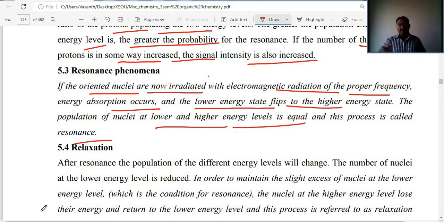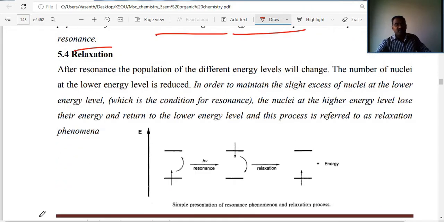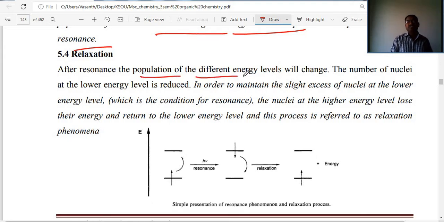Next, relaxation. Relaxation means that after resonance, the populations of the different energy levels will have changed. The population of nuclei at the lower energy level is reduced.